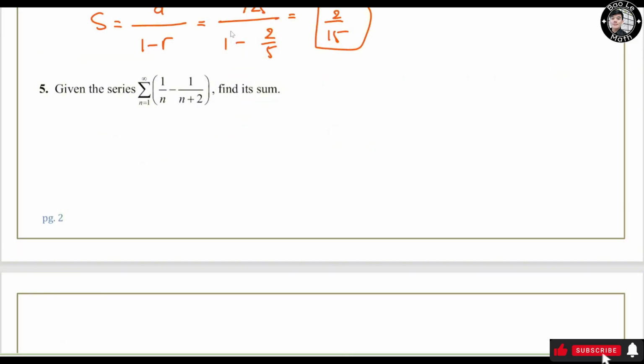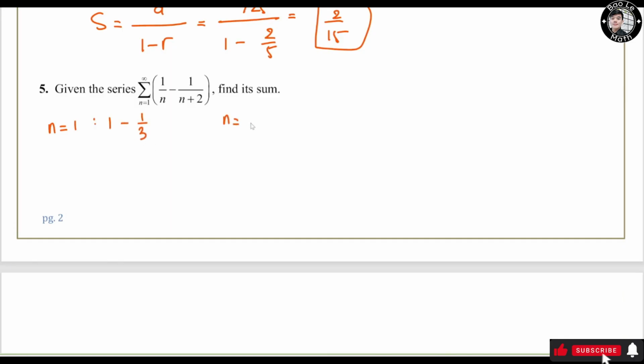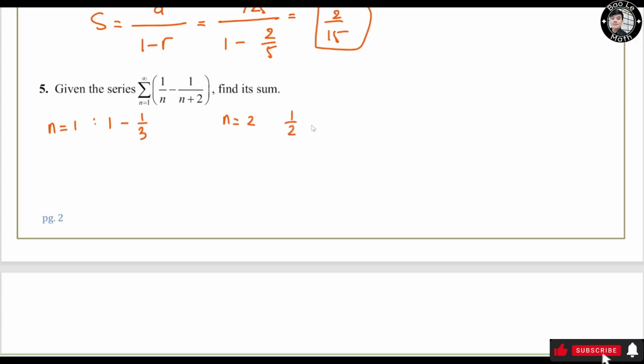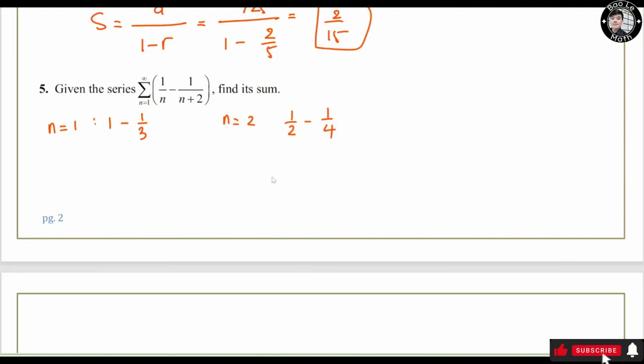Now let's move on to question 5. This is a telescoping series, so first we need to expand it. If n equals 1, we get 1 minus 1 over 3. N equals 2, we get 1 half minus 1 over 4.